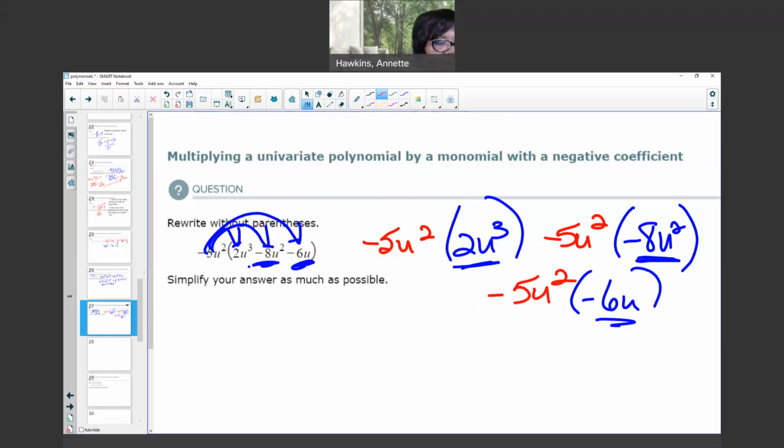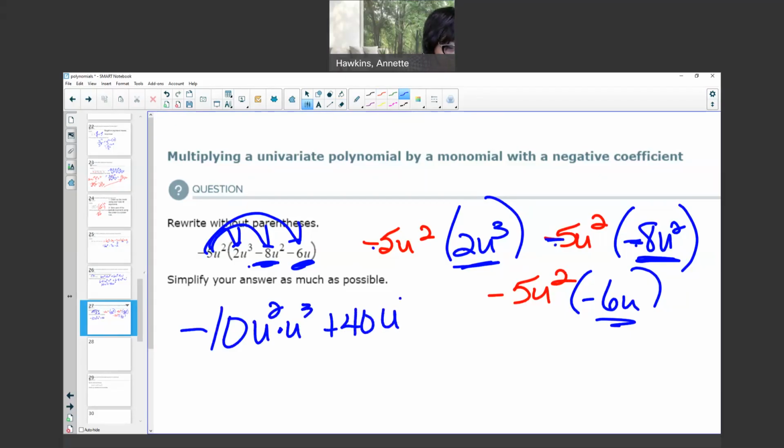Okay. All right, so now we have the rules of exponents and also multiplying with negative numbers. So a negative times a positive is a negative 10. This is u squared times u cubed. This is a negative, this is a negative. A negative times a negative is a positive. u squared times u squared.